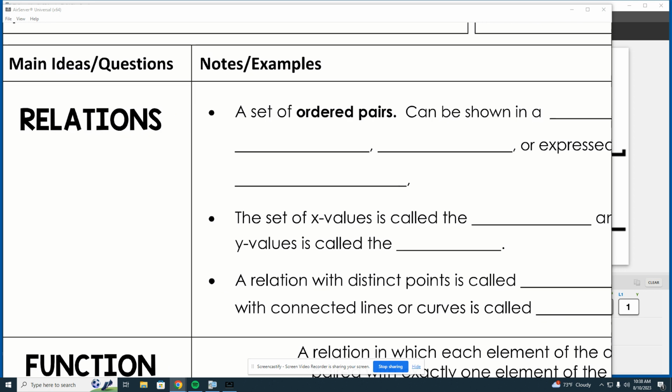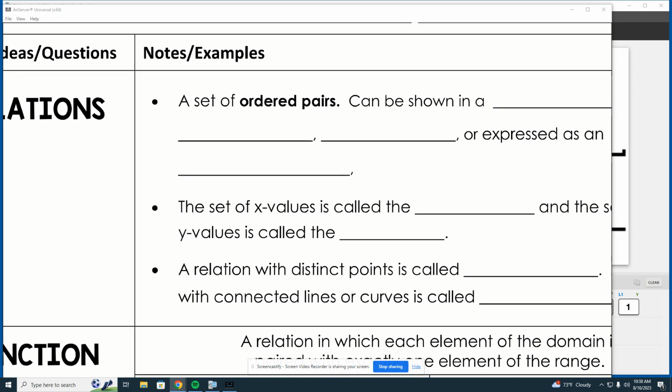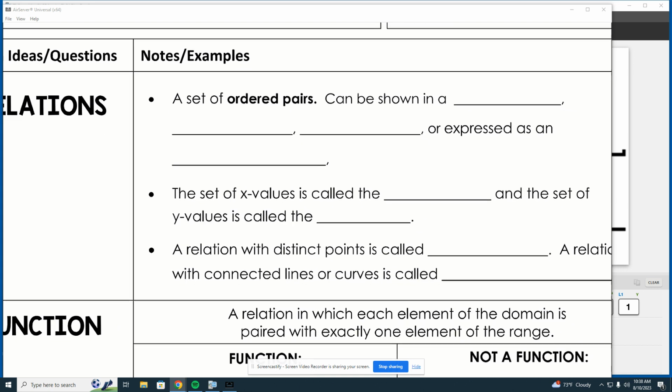When we talk about a set of ordered pairs, there are different ways that we could distinguish them. One, you could see them in a table. Y'all have seen tables before, right? Like a little chart. Sometimes they're vertical, sometimes they're horizontal. I think the key here is the ordered pairs.